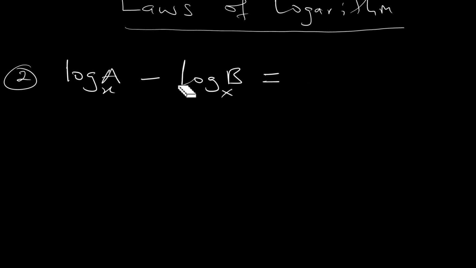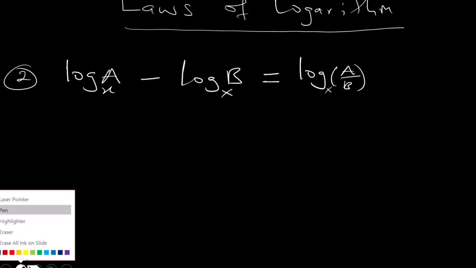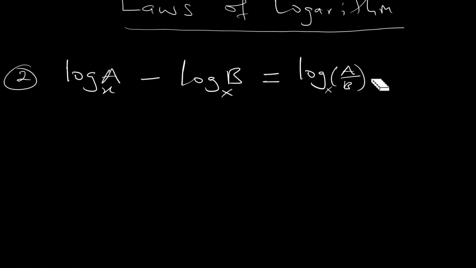This one is called the quotient, so division: a over b, to base x. Call this one the quotient rule.